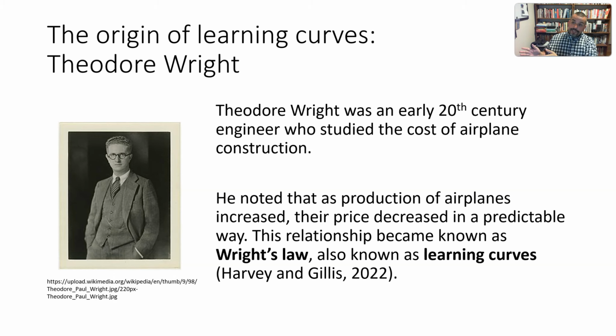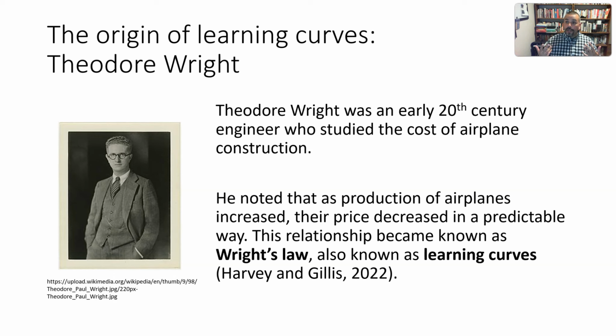So this information also became very useful to the Allies in World War II because they were looking for ways to make airplanes cheaper to defeat the Nazis in Germany. So a lot of his research had practical implications for the military effort, but after the war, his research helped to make aviation cheaper for everyone.